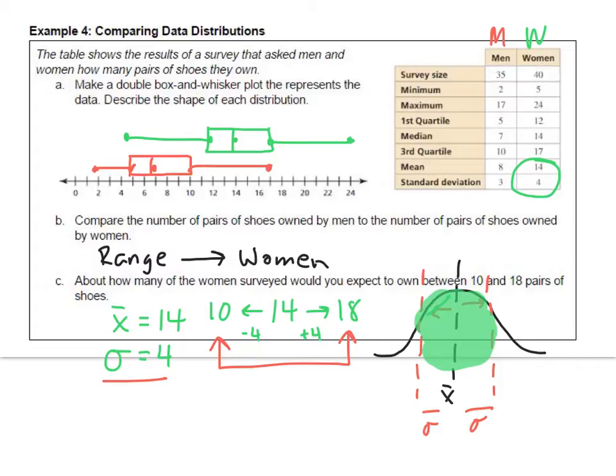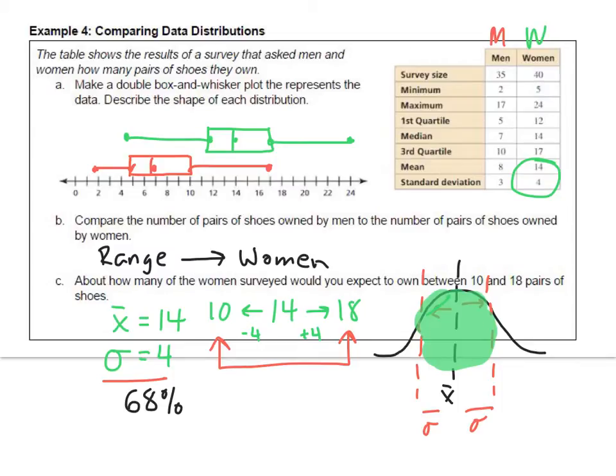What it ends up being, and this is something you'll just have to trust me on, is that we really broke this graph into like thirds. The standard deviation represents about 68% of the data. So that means 68% of the women surveyed fall into this category of having anywhere from 10 to 18 shoes.